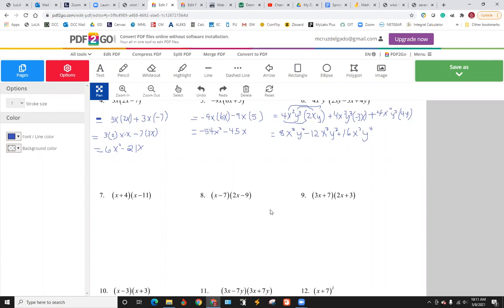All right, now these are binomials times binomials. So this is where you can use that FOIL. All that just means is multiply the x in the first one times the x and then negative 11. And then the 4 times the x and then times the negative 11.